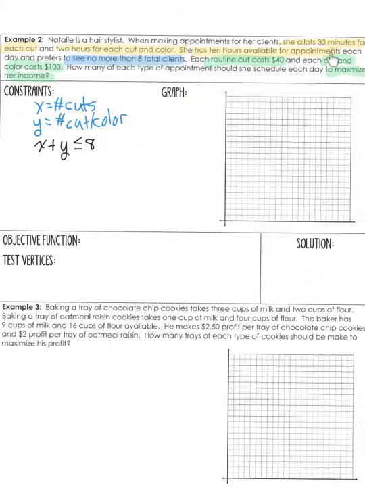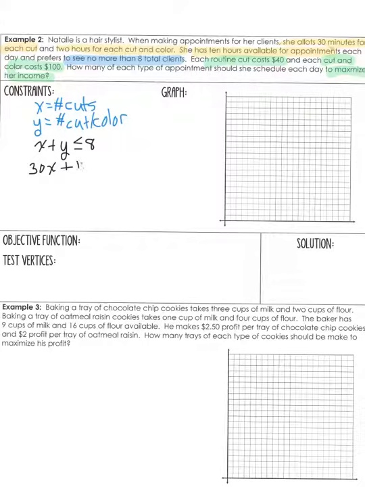But we start with 30 minutes. So for every one of these cuts, it uses up 30 minutes. So for our constraint, we've got 30 minutes times each cut. We're going to add to that the number of minutes for a cut and color. Well, if it's 2 hours for a cut and color, each hour is 60 minutes, so 60 times 2 is 120.